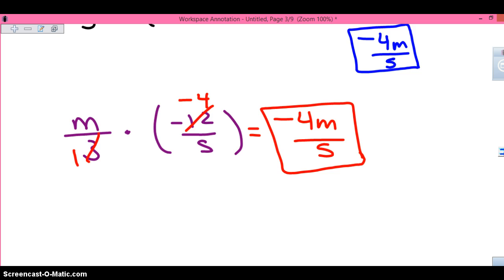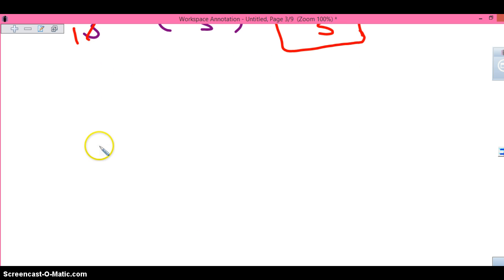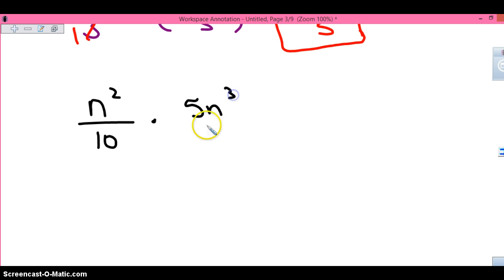Can you try multiplying n squared over 10 times 5n cubed over 9? Well, can we cross cancel anything? What can we cross cancel? 5 and 10. 5 goes into 5 once and into 10 twice.